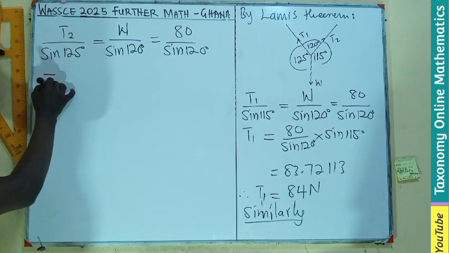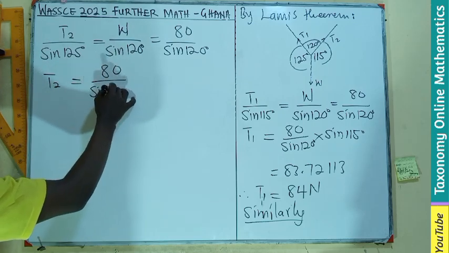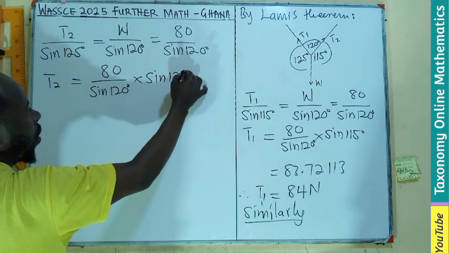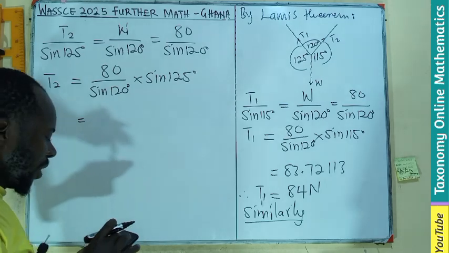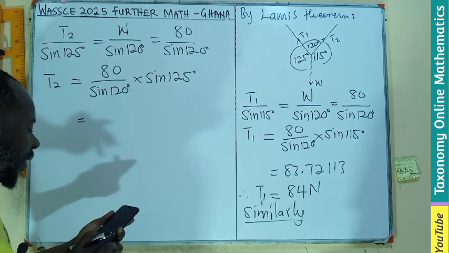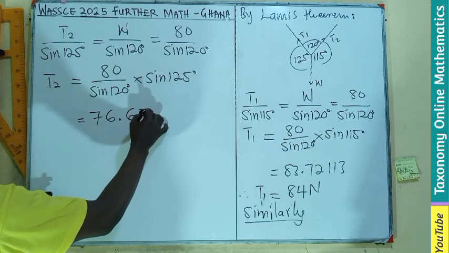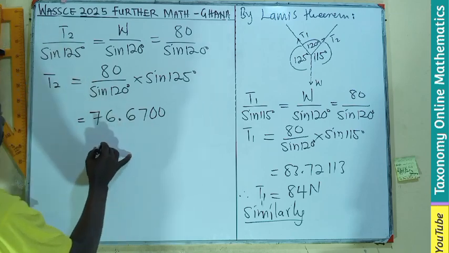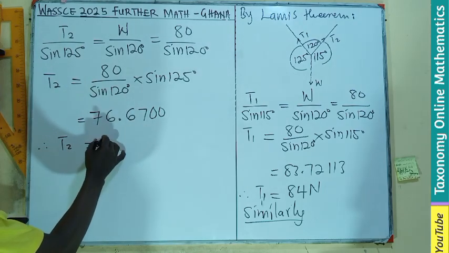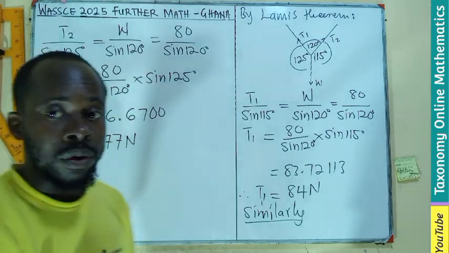Multiplying by this will give you tension 2 equals 80 over sine 120 times sine 125. And if you put that in the calculator, changing the position of 125 and 115, we should have 76.6700, and that means that tension 2 will be equal to 77 Newton, to the nearest whole number.